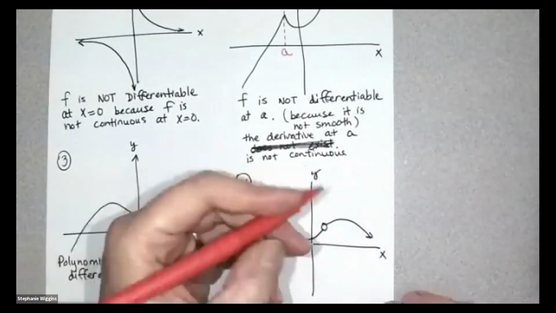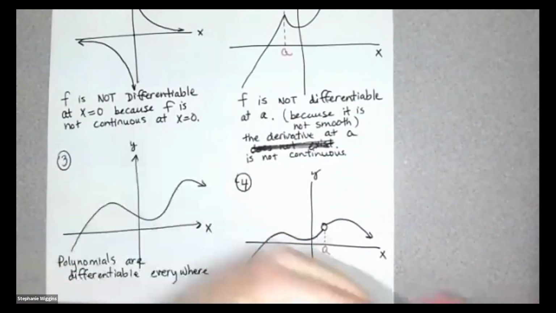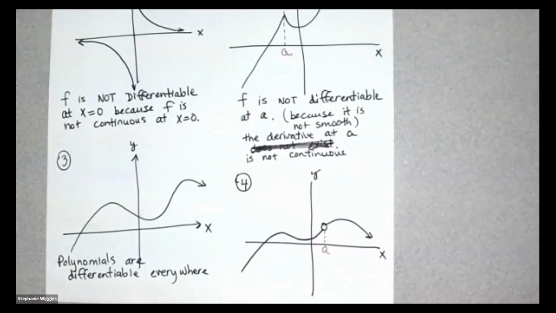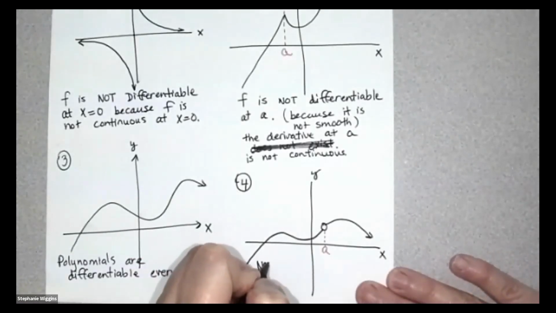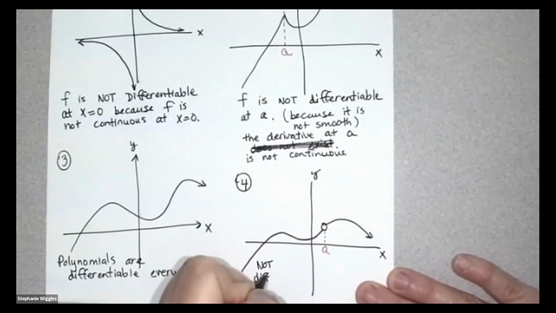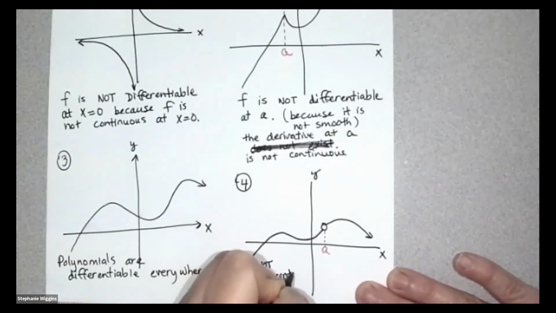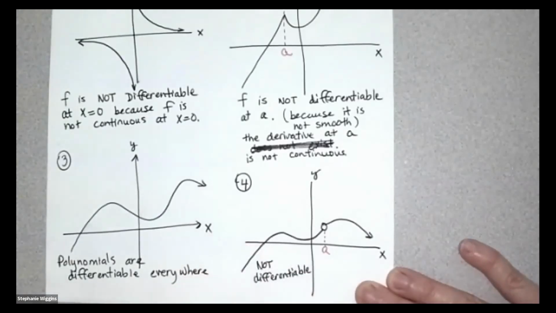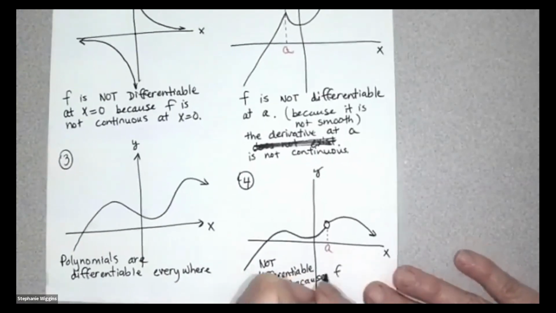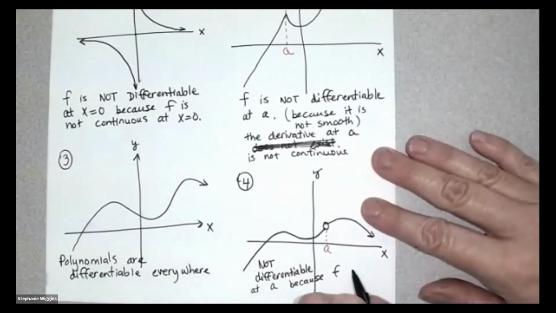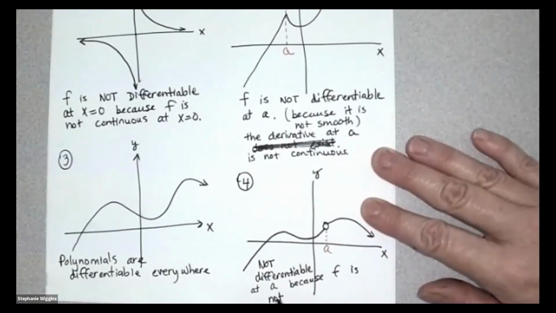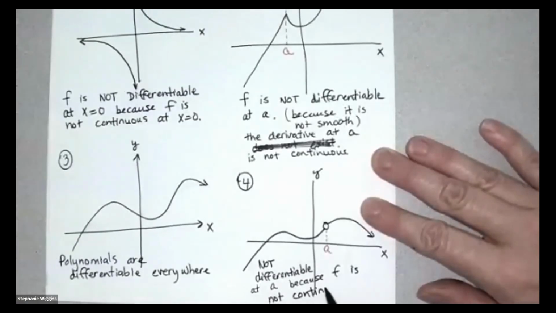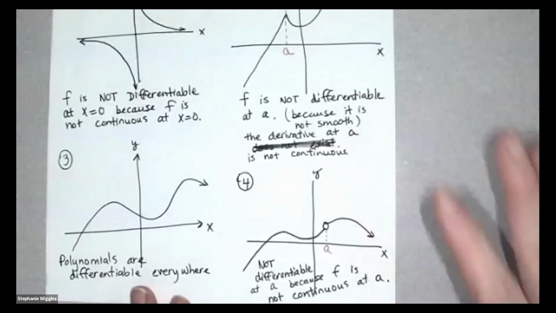And here's my A. Because f is not continuous at A. Okay.